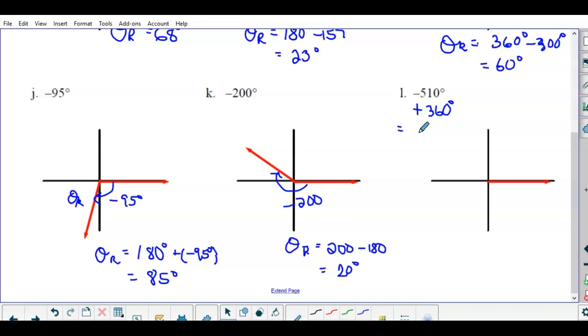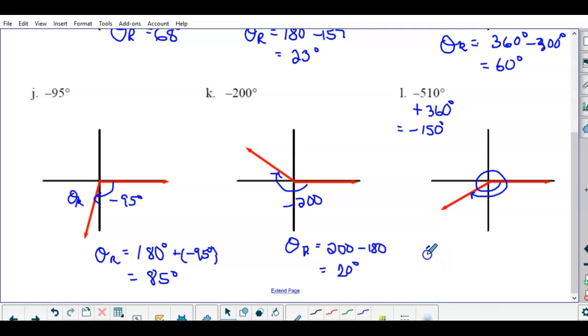Negative 150. Okay, so your terminal arm, negative 150, is going to be there. But when we show this, we go negative around once completely and then to that arm.